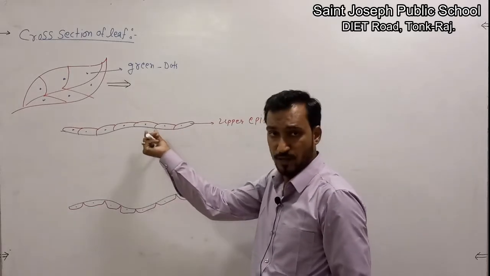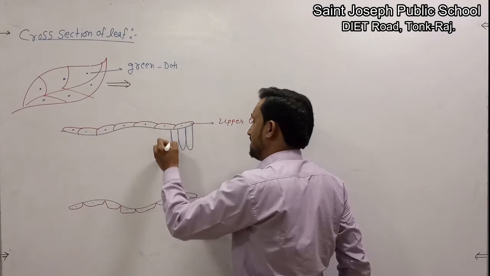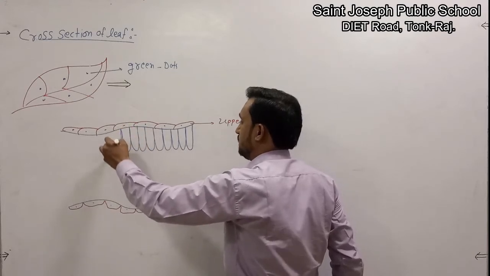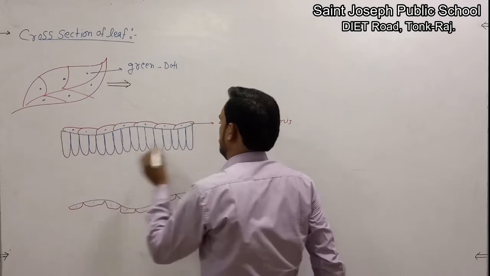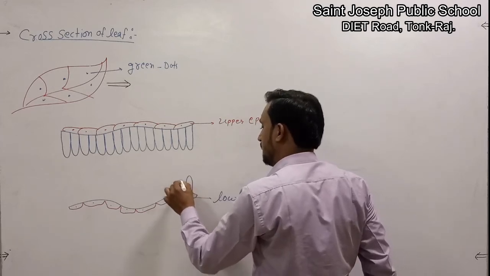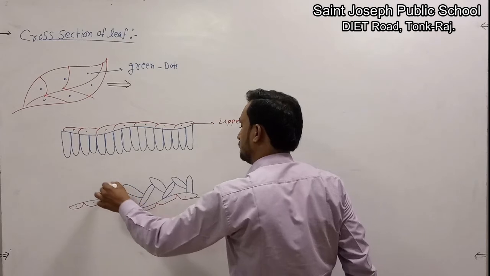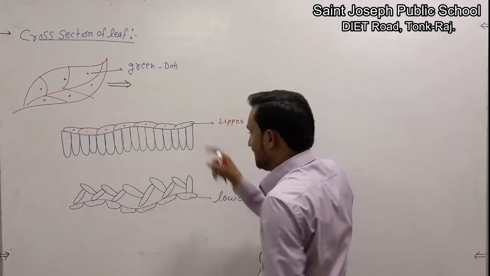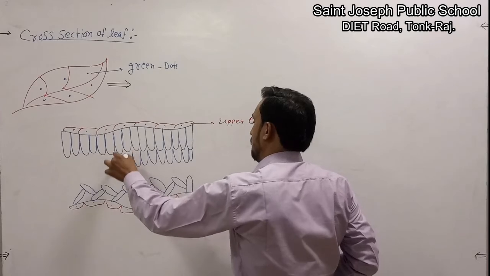Below the upper epidermis, long column-like cells are situated, very close to each other. Below them, the cells are also there but situated far apart, with gaps in this manner. These cells may be 2-layer or 3-layer also, but they will be situated closer to each other.